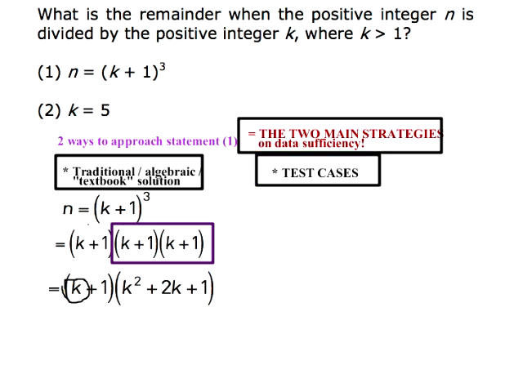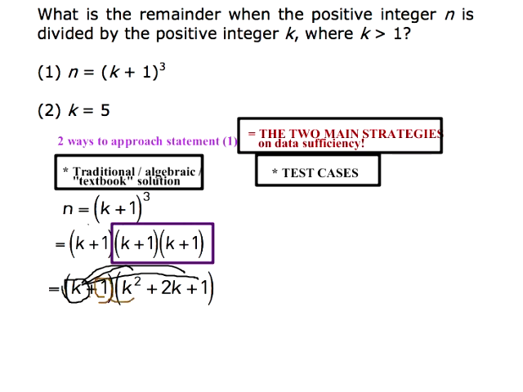So yeah, Puja, that's exactly what I'm thinking, right? You just know that there's a bunch of stuff times k, and then there's going to be a 1 at the end. Because k times all these things is just going to be multiples of k, and 1 times all these things is still multiples of k until you get to the last term.